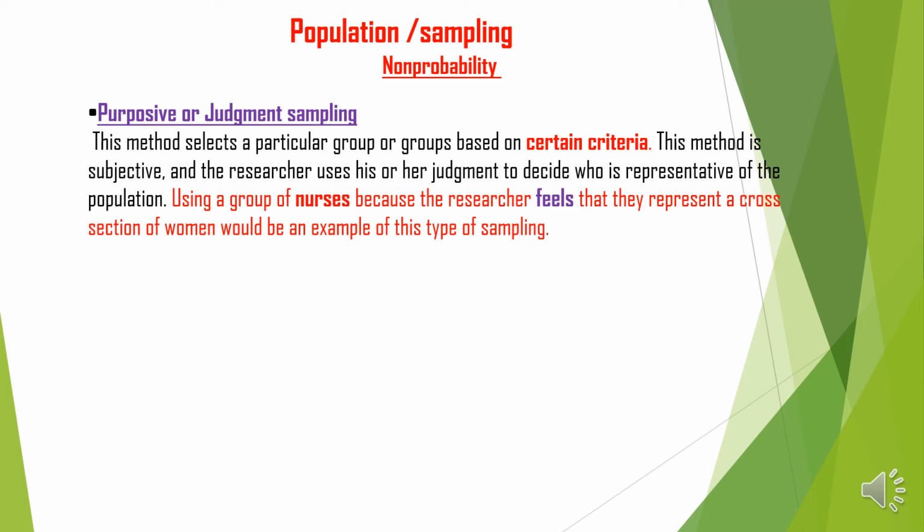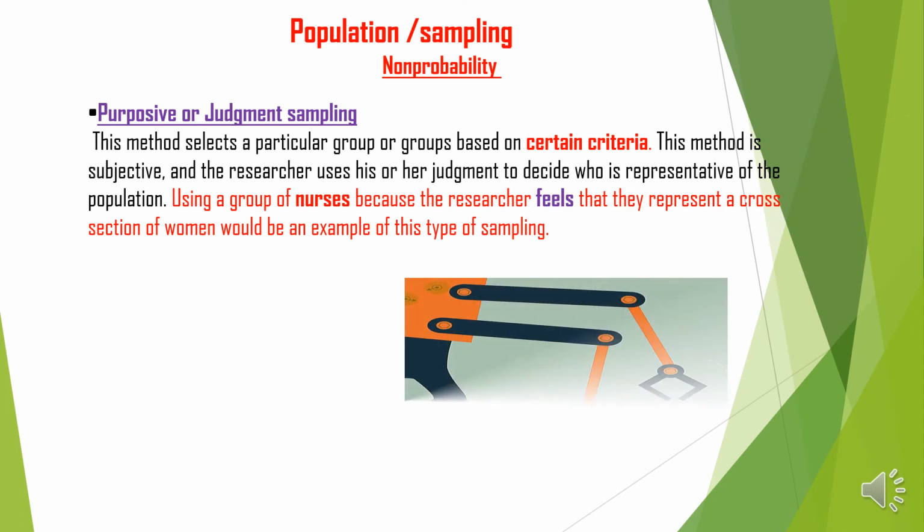Using a group of nurses because the researcher thinks that they represent a cross section of women would be an example of this. If I'm studying the behavior of nurses, I will not reflect it on all females, no. I can reflect it on some nurses, yes, but not all females.